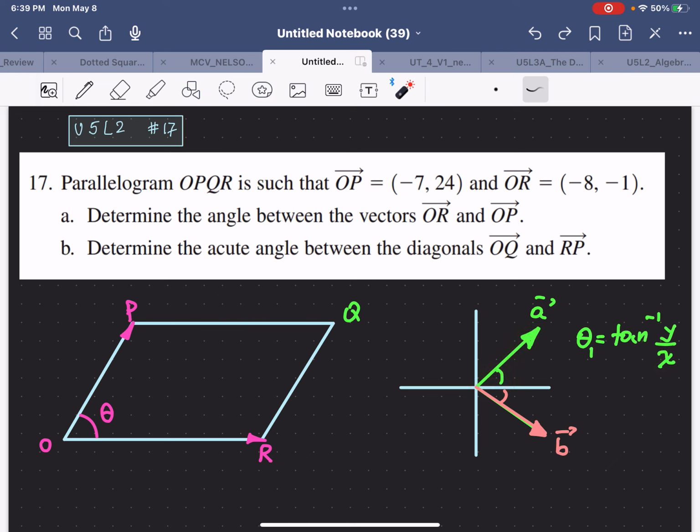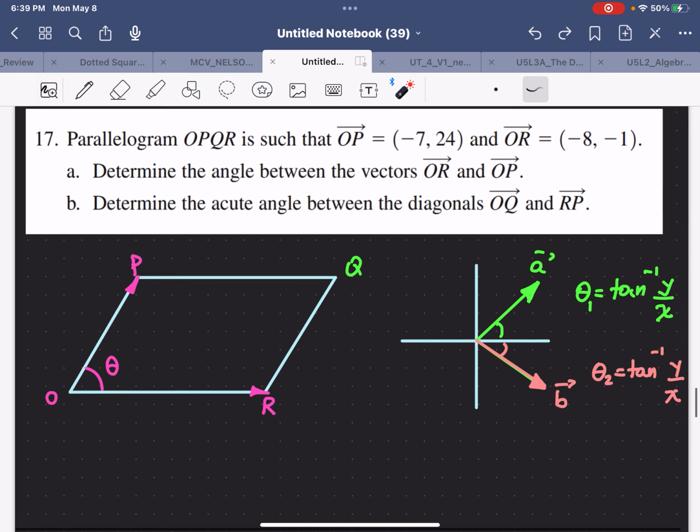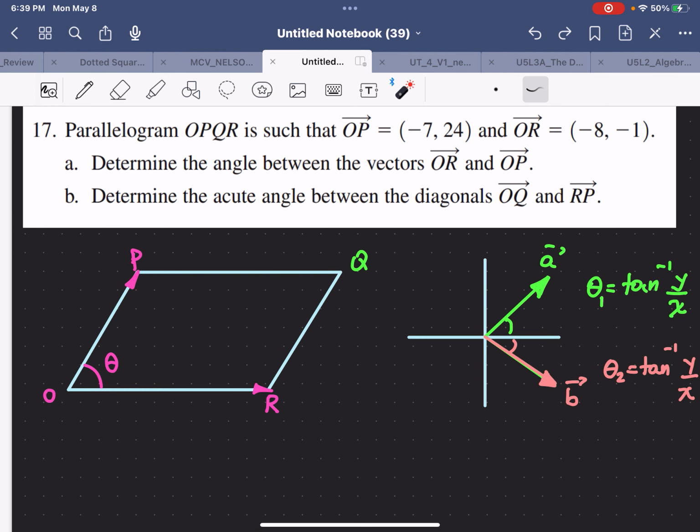We did that by using the tan ratio, y over x. So we would find the angle that vector A makes with the x-axis, and then the angle that vector B makes with the x-axis, and then we would reason about the location of the vectors to understand what the actual angle is between the two vectors. We are going to follow a similar strategy in this case.